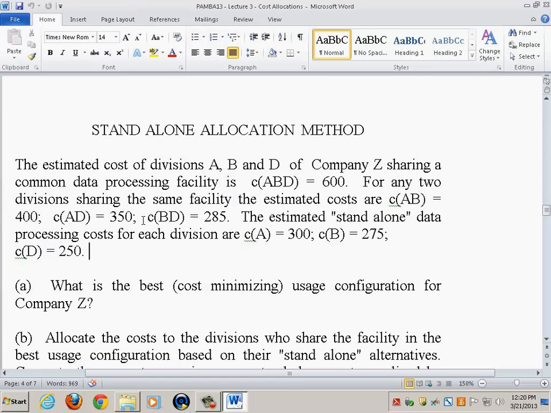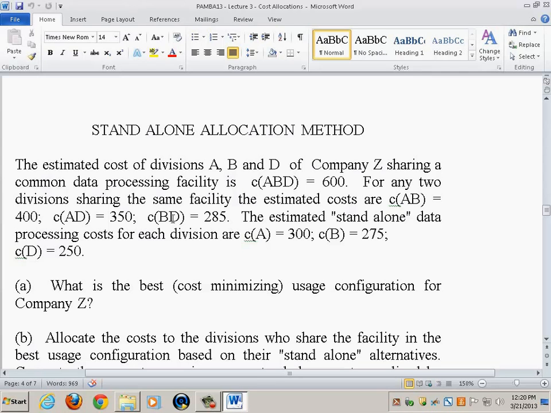If A and D had a joint facility, their cost will be 350, and then of course B will have to go it alone at 275. And if B and D had a joint facility, their joint cost of using that facility would be 285. And then of course A will have to be alone at 300.